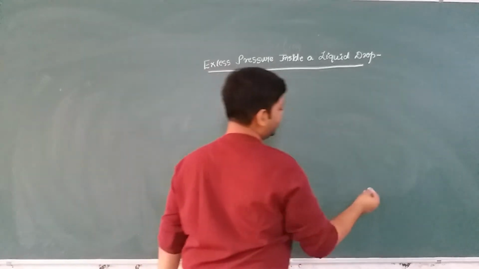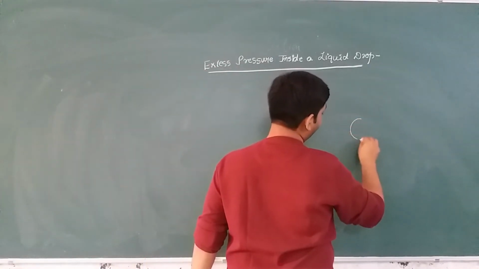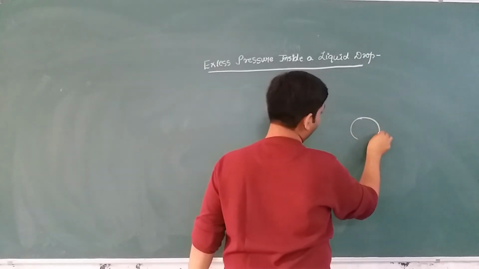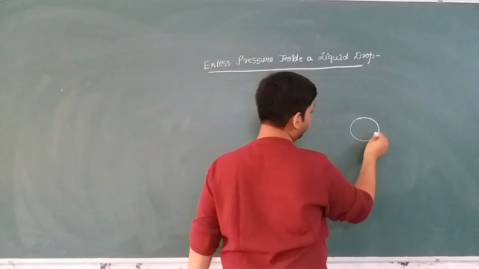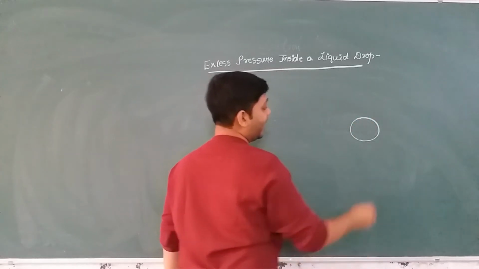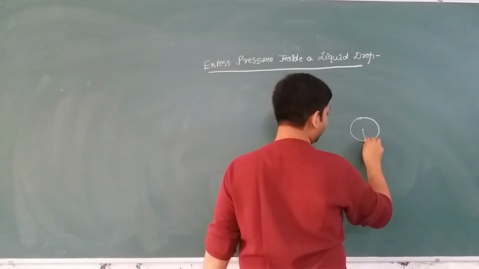So what you need to see is, let's say there is a spherical liquid drop. Okay, this is a liquid drop, the liquid is filled inside it, and the radius of this drop is r.